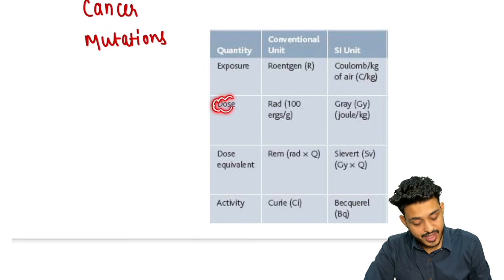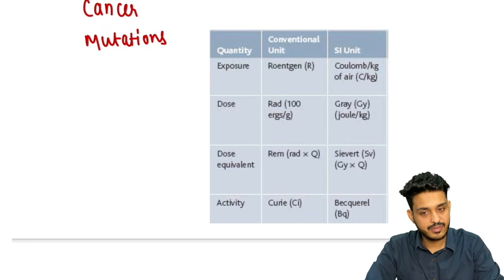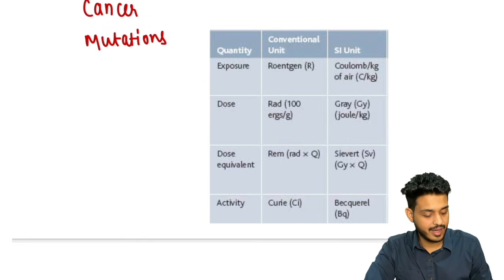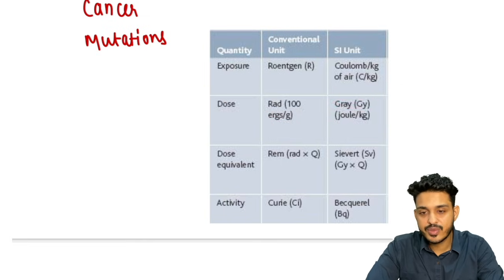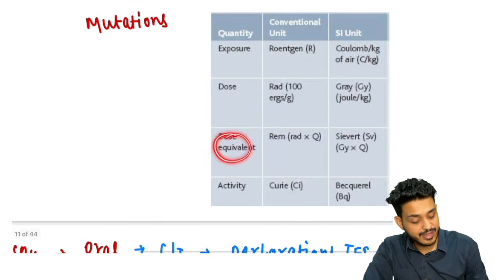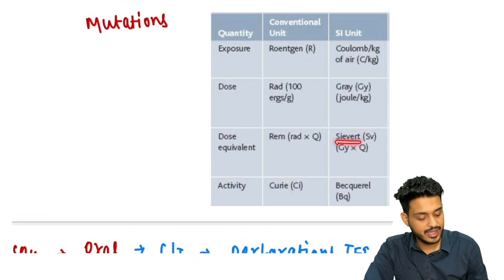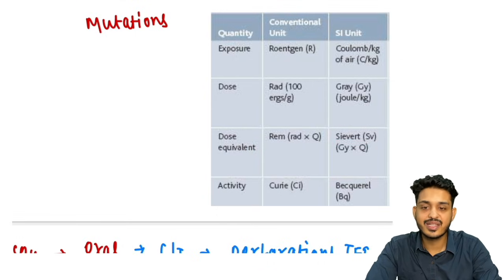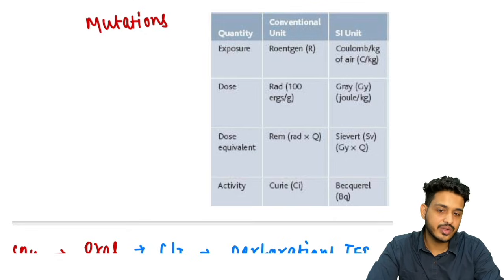For the dose identification, we are going to use the rad, and the SI unit is the gray. For dose equivalent, we are going to use the rem, and the SI unit is the sievert.